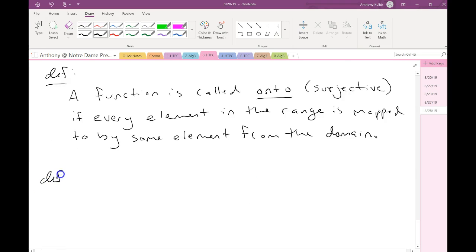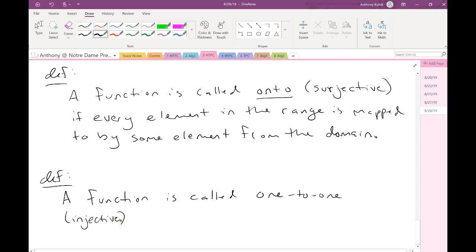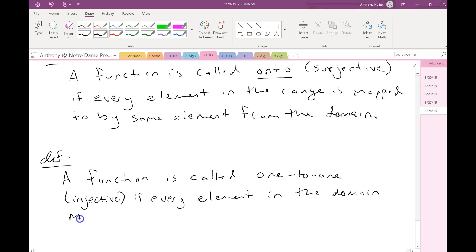The next definition, we say a function is called one-to-one or injective if every element in the domain maps uniquely to distinct elements in the range.